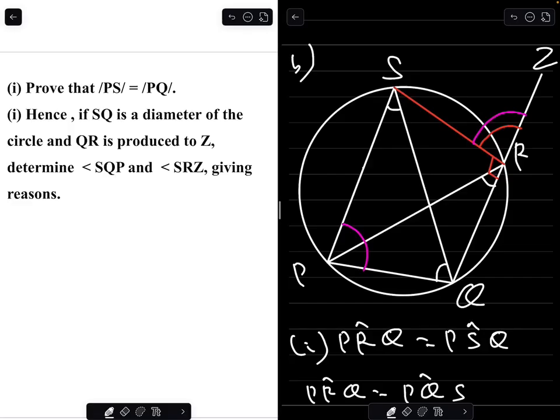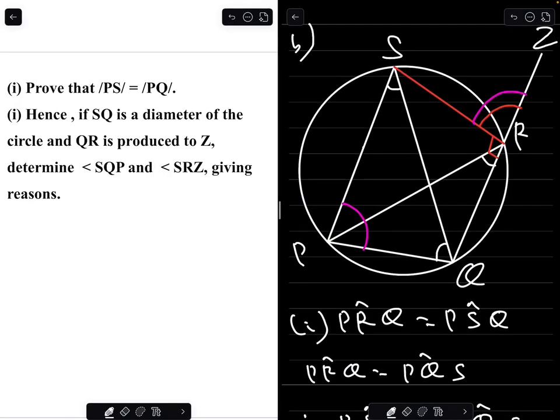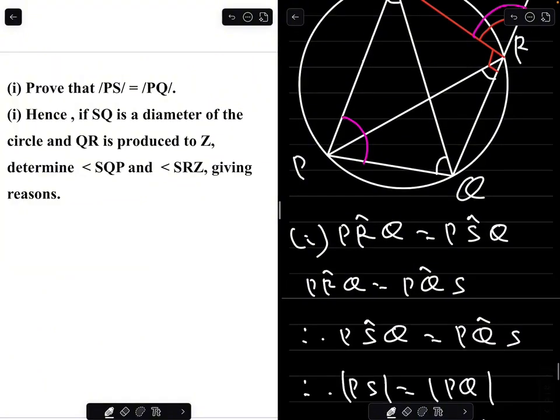Now, I know that angle PSQ and angle PQS are equal. So I can easily find angle SQP.